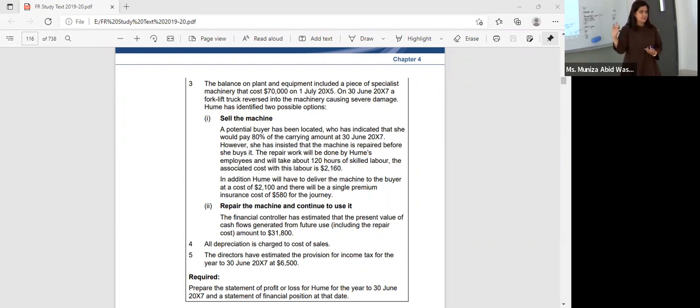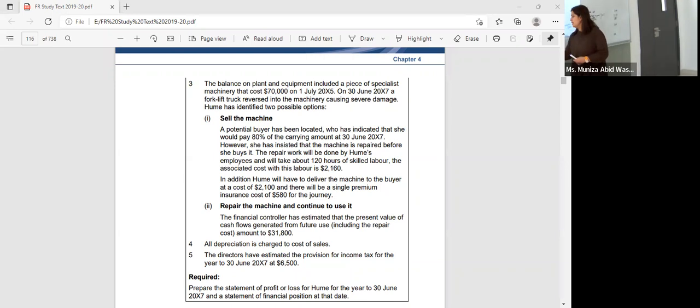Getting it, students? And for plant and equipment, which method of depreciation we are using? Straight line or reducing balance? Reducing balance. We had calculated the depreciation on plant and equipment on reducing balance basis. So can anyone calculate the carrying amount of this plant and equipment at 30th June 2007? 2 years depreciation we have to take on the 70,000.